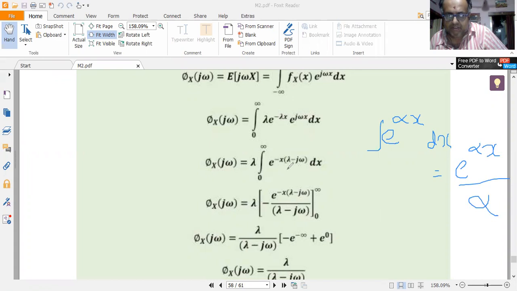So here alpha is equal to minus of (lambda minus j omega). So I get lambda into minus e to the power of minus (lambda minus j omega) x by (lambda minus j omega), limit 0 to infinity.